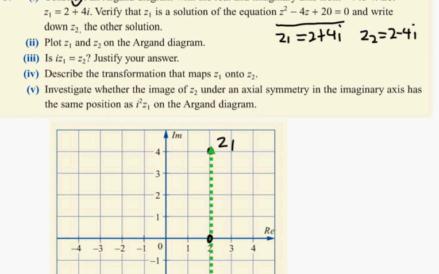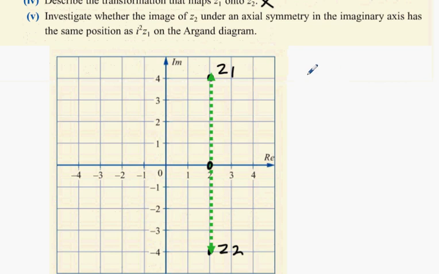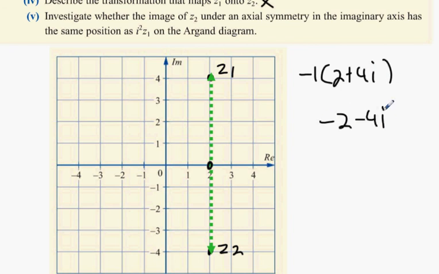Okay, that's done. Now what happens then? Investigate whether the image of Z2 under axial symmetry in the imaginary axis has the same position as i2 Z1. Okay guys, what's i2 Z1? It's minus 1 multiplied by 2 plus 4i, which is minus 2 minus 4i.